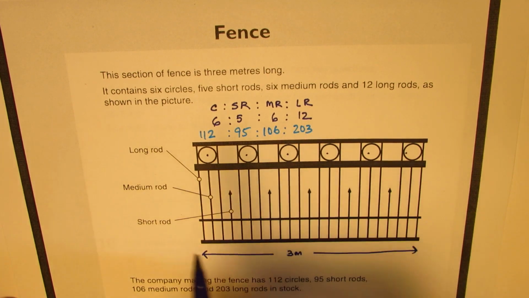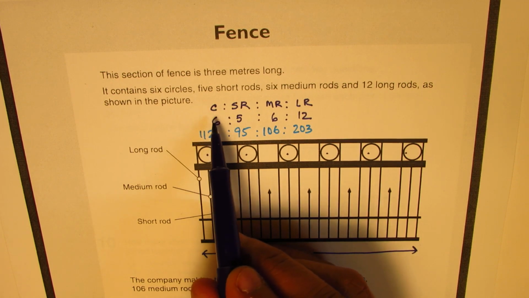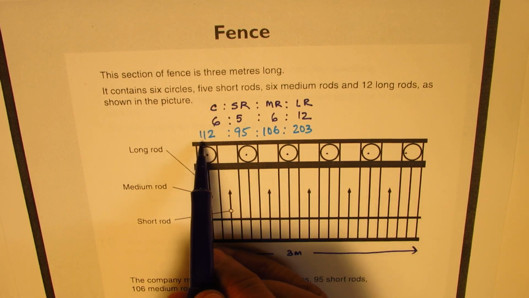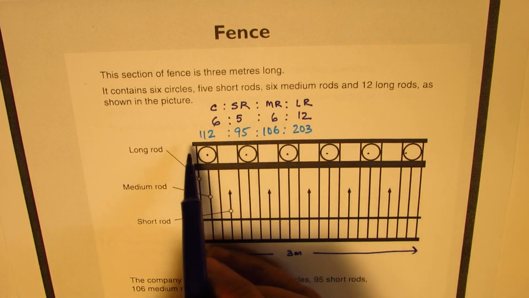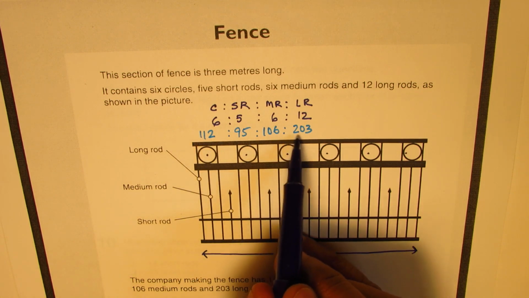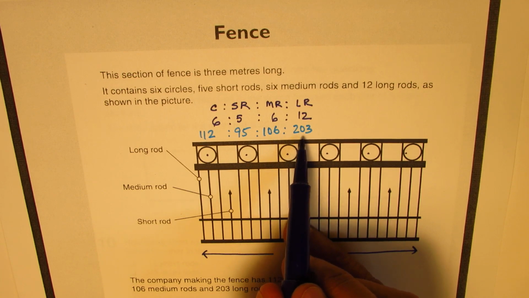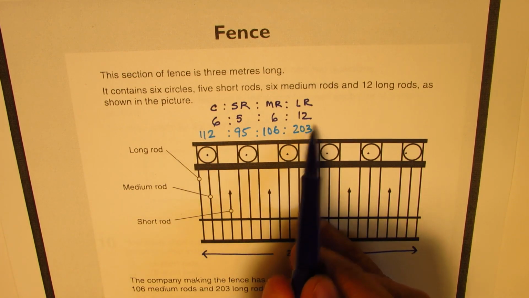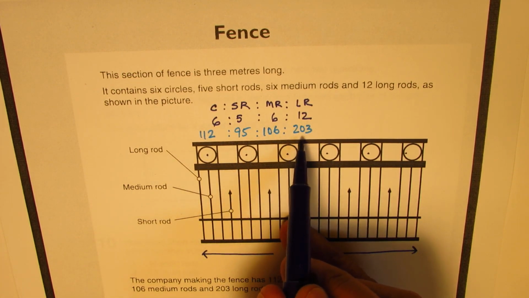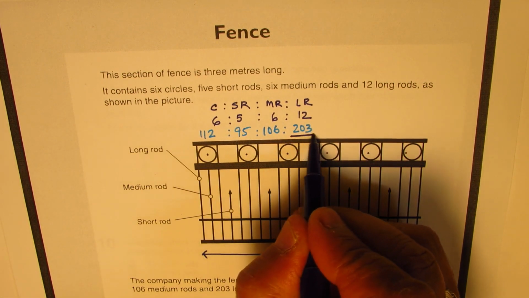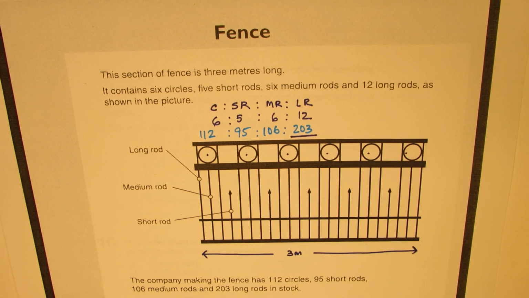The limiting factor, if it is circles, the ratio is 1:2, 112, this should be 224, right? This is 112. And that number should be twice the circles, but that is much lesser. Therefore, the limiting factor is the long rods.